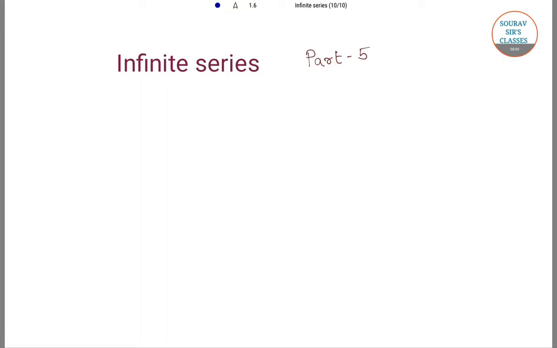This video is Infinite Series Part 5. Now, let us consider an infinite series 1 divided by 1 raised to the power p plus 1 divided by 2 raised to the power p plus 1 divided by 3 raised to the power p, and so on till infinity.